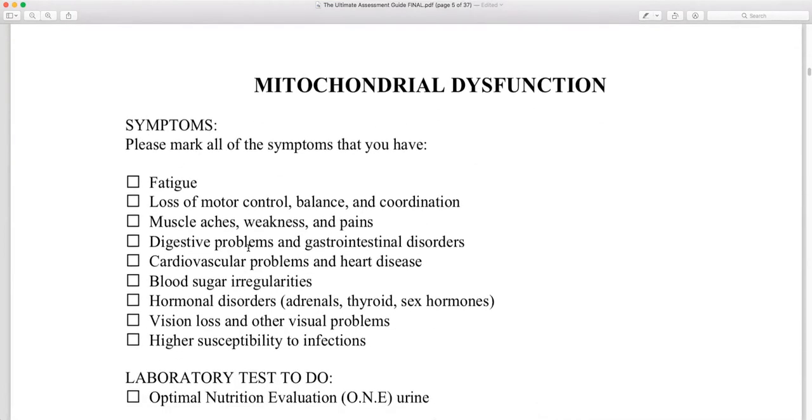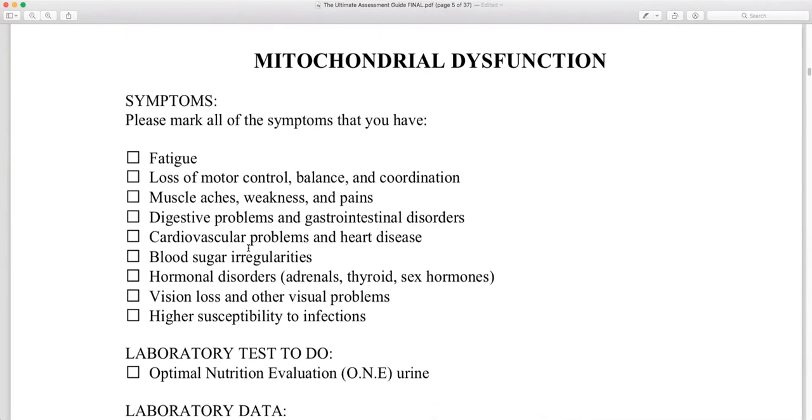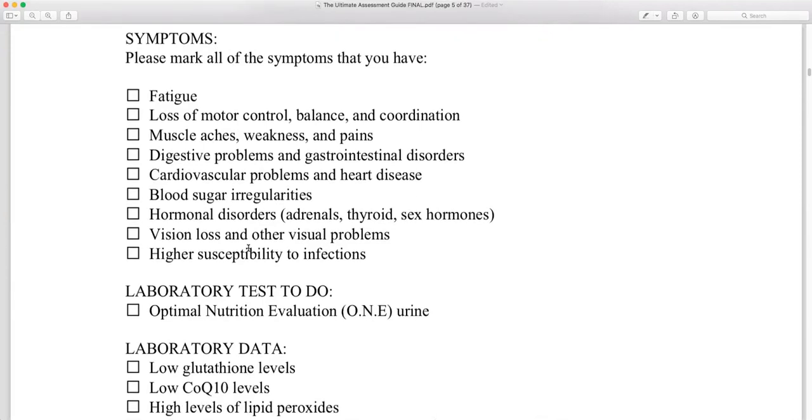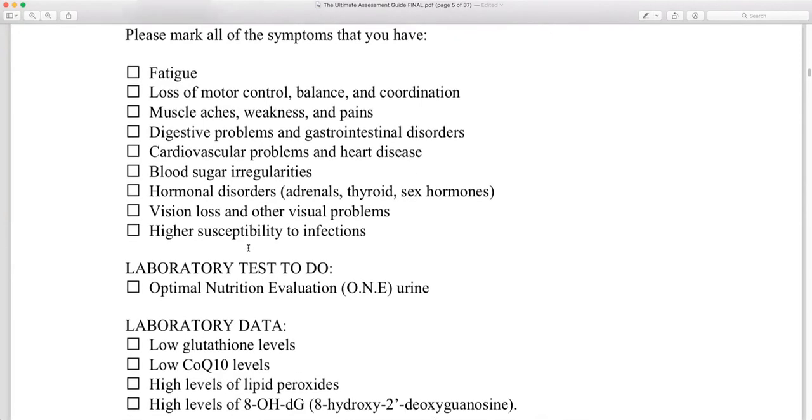So with mitochondrial dysfunction, once again, mark all the symptoms that you have: fatigue, loss of motor control, balance, and coordination, muscle aches, weakness and pains, digestive problems and gastrointestinal disorders, cardiovascular problems and heart disease. As you guys may know, mitochondria is the energy center of every cell in the body, and it's in every cell except for red blood cells.